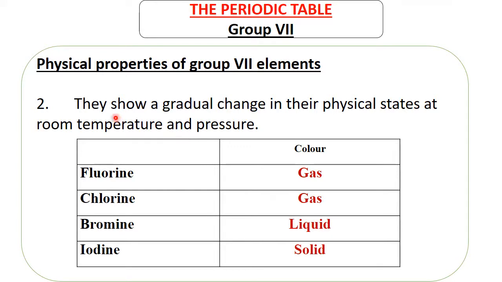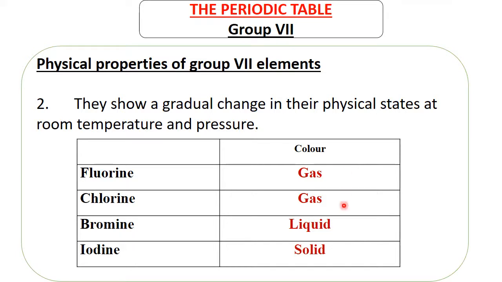The second physical property is they show a gradual change in their physical states at room temperature and pressure. As you go down the group, this is what is observed. A mistake here, not color, it is the physical state. So fluorine is a gas, chlorine is also a gas, bromine is a liquid, and iodine is a solid.